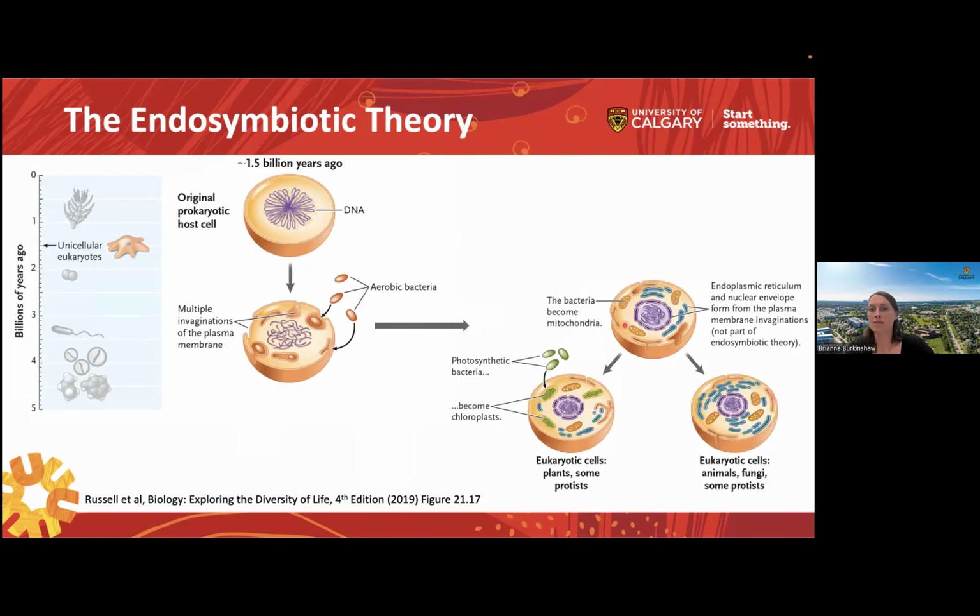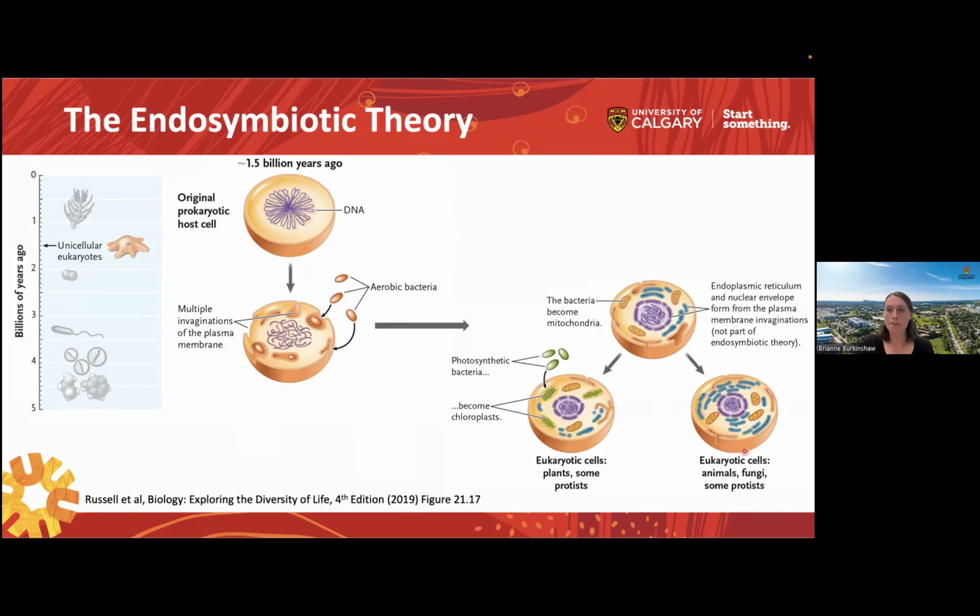So here we have the mitochondria. Over time, the cell is developing a nucleus here. It's turning into a eukaryotic cell. So we have our unicellular eukaryotic cells. We can also then have animals, fungi, and some protists as well.